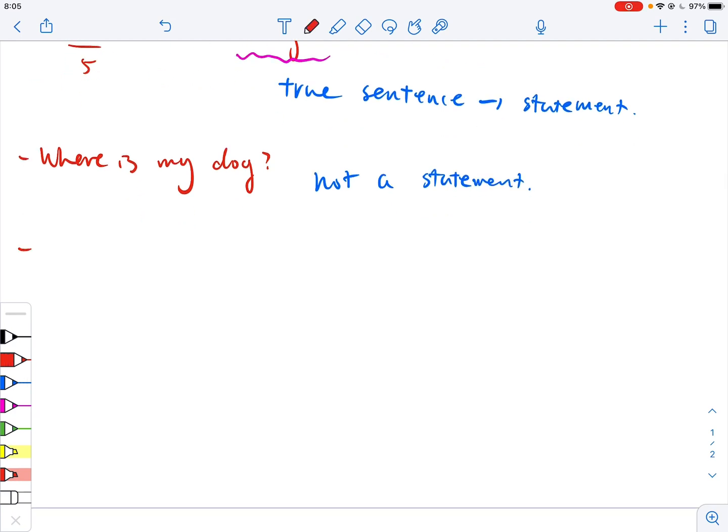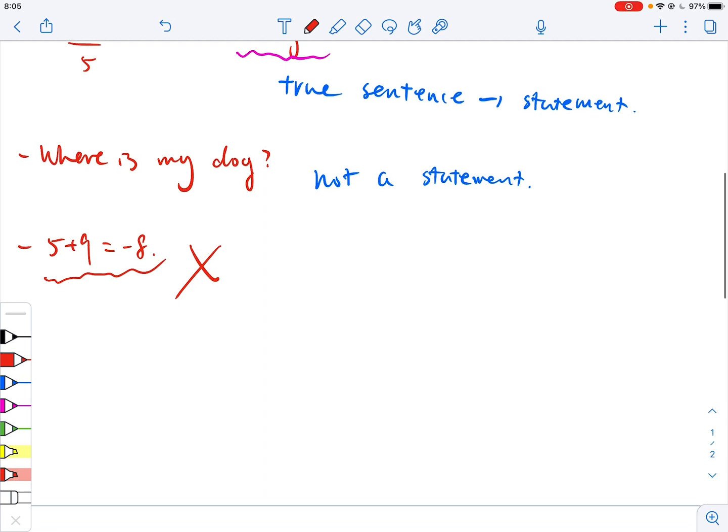Okay, one final example. 5 plus 9 equals -8. All right, so this is quite obvious. This whole thing is false, and I warn you, do not ever write this on a math test or any quiz. And don't tell anyone that I wrote this, because it is totally false.